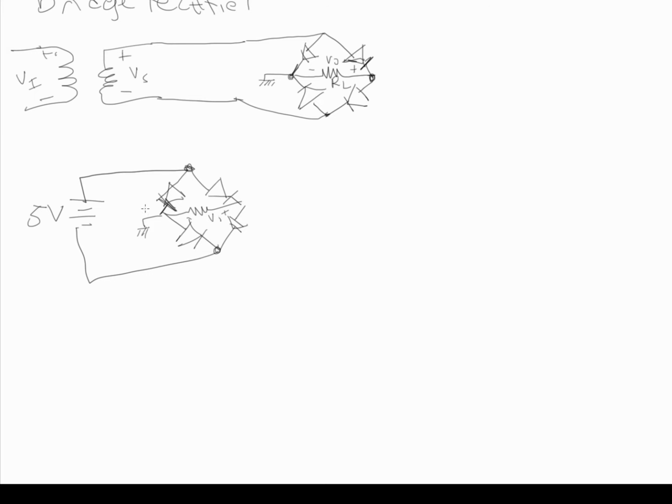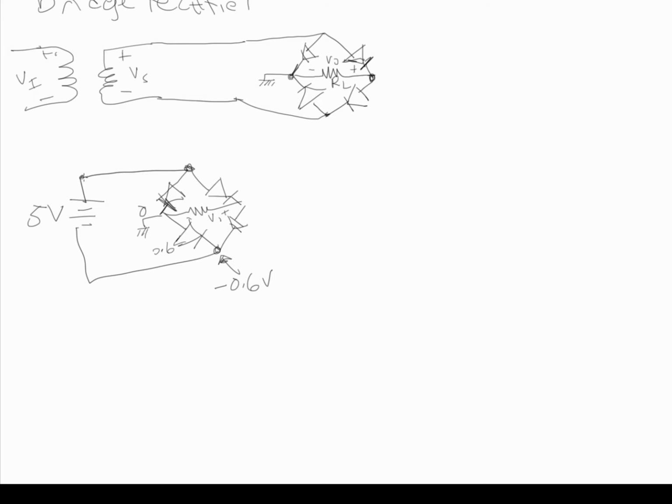At ground we call that 0 volts, and let's say V gamma is 0.6. That means over this drop we've dropped 0.6, so this point here has to be 0.6 volts. Then we go up 5 volts, because this is not at ground.